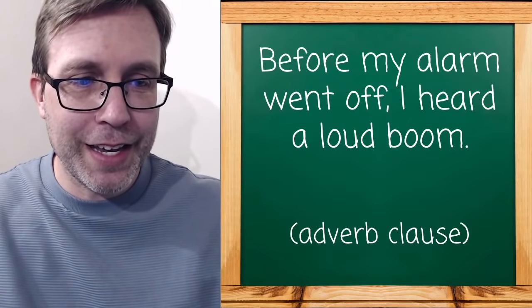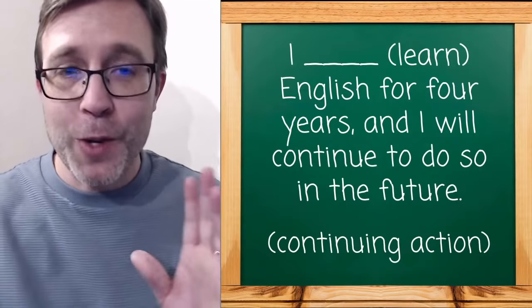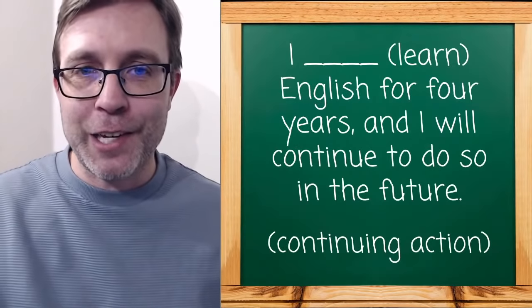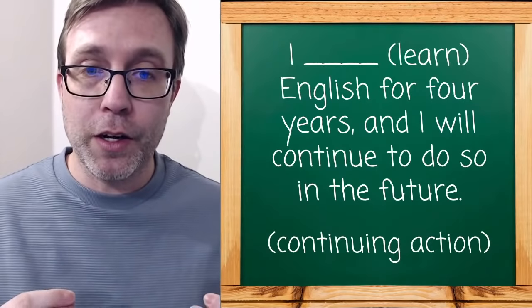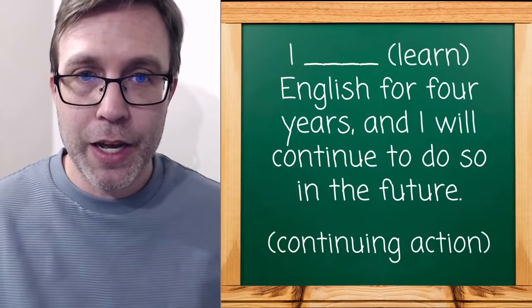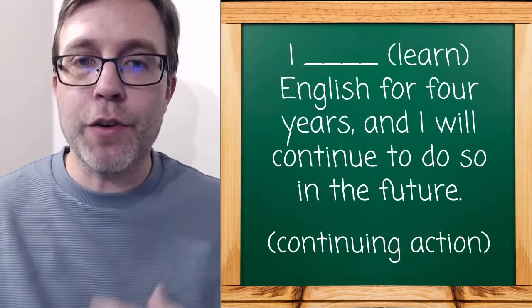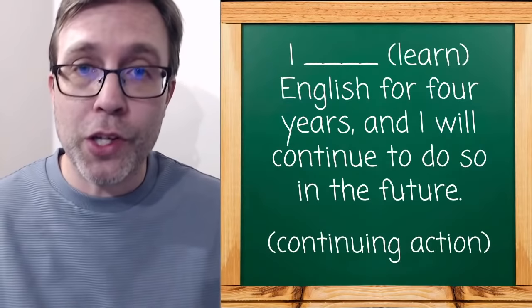Let's look at, I kind of give you a hint for one that's coming up. Anyway, we will get there. Let's look at the next one. The main verb is learn. All right, we're talking about a continuing action. I English for 4 years, and I will continue to do so in the future.